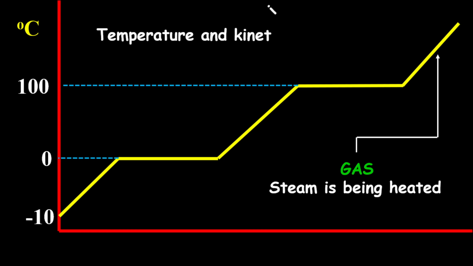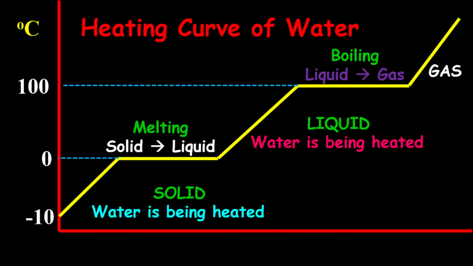Let us now quickly put them together and see the overall process. So again, 0 degrees Celsius will be maintained, and that is called melting, solid to liquid. And then we move from 0 degrees Celsius to 100 degrees Celsius, liquid. There's no change of state, but there's a change in temperature and also kinetic energy.